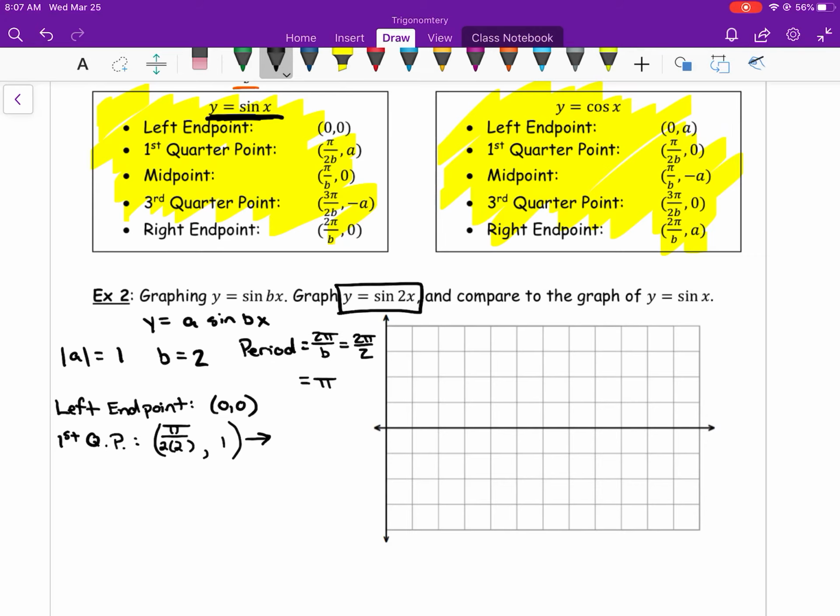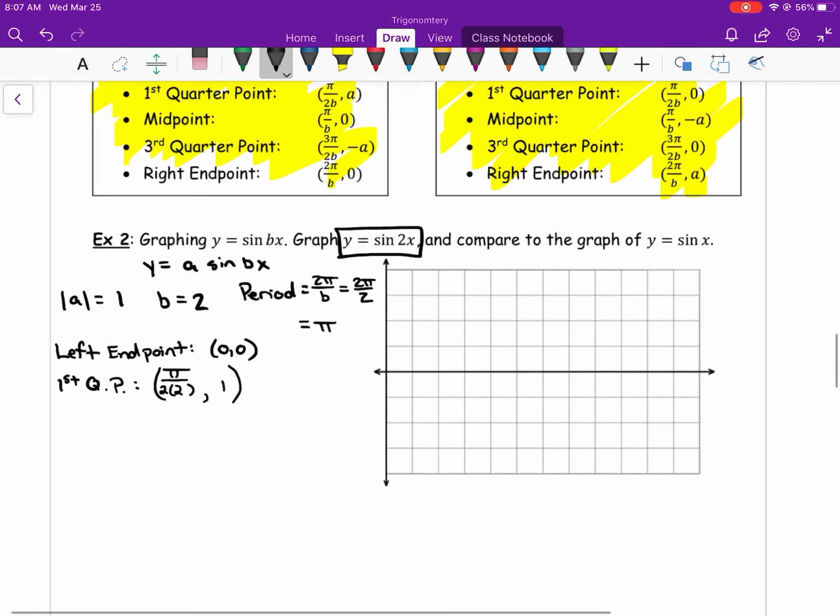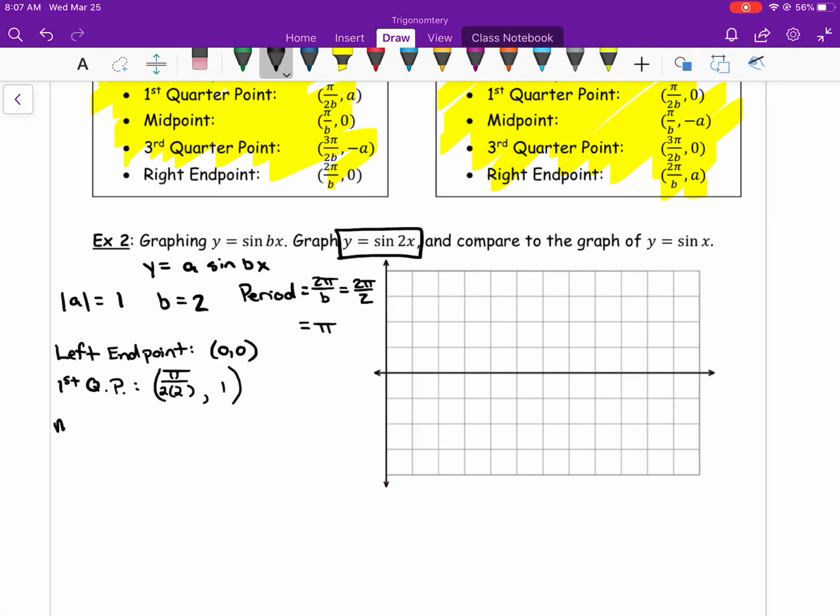Now I have to simplify it. Actually, I'll come back and do that. I'll write all this down, and I'll use a different color to simplify it. So my first quarter point is that. Then we have our midpoint, MP for midpoint, which is pi over B, so pi over 2, comma 0.